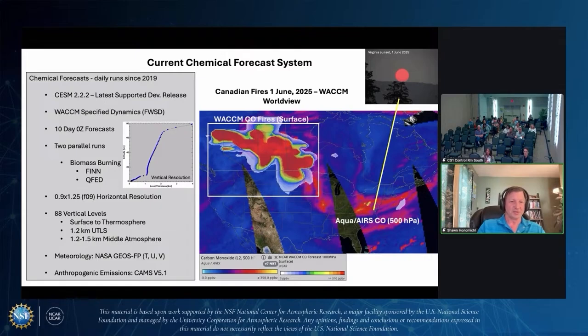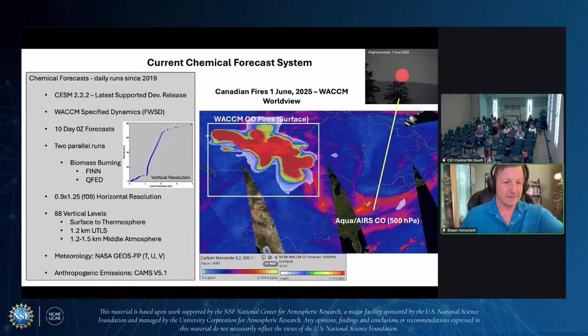We've been doing these every day since 2019. And there are actually 2 parallel runs that we do. The only difference between these runs is the biomass burning emissions product that's fed into it, one being FINN and the other QFED.